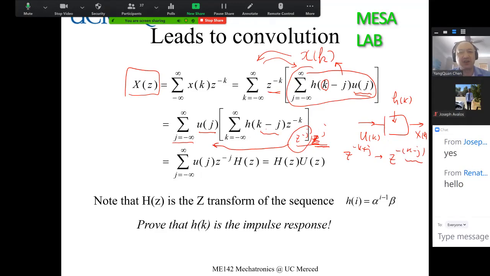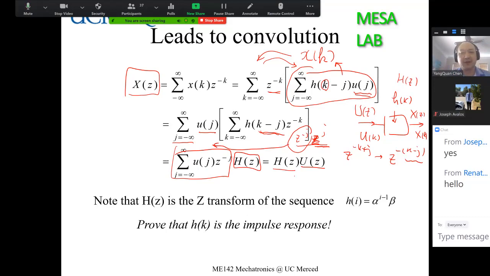Because k minus j, according to the definition of z transform, and nothing here has to do with j, so this is u_j. So you can see it's U z and H z. If you have a z transform of u k, z transform of h k, and z transform of x k, you have X z.